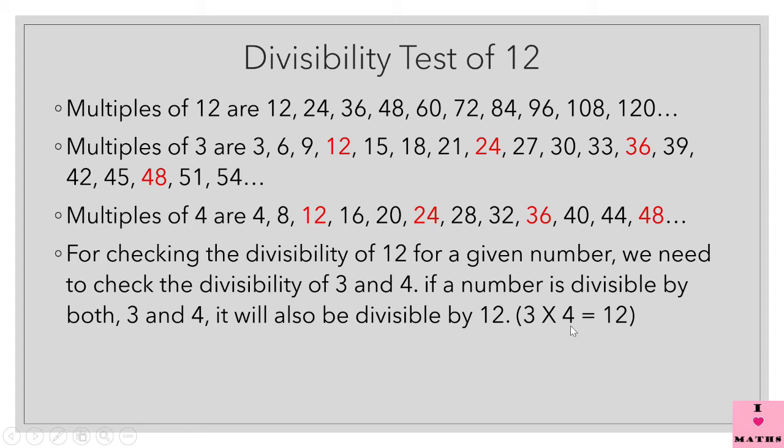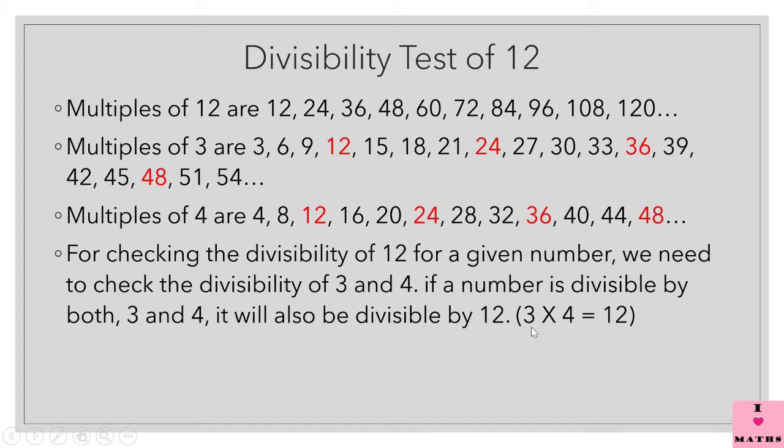Co-prime numbers have not been taught to you till now. Co-prime numbers are those numbers which come only in the table of 1. They do not come in any other table together. So 3 and 4 are only common multiples of 1.